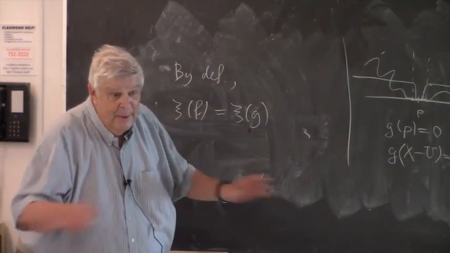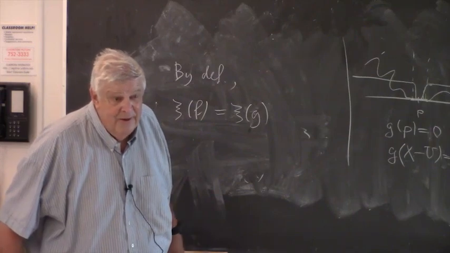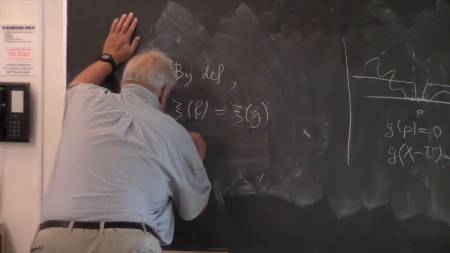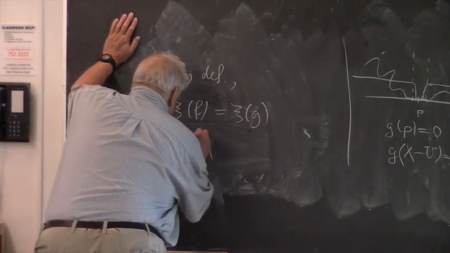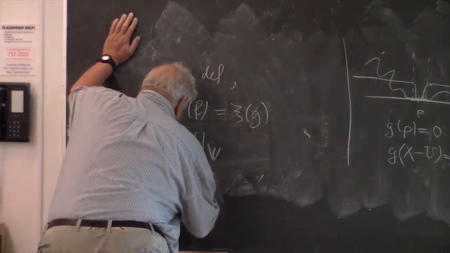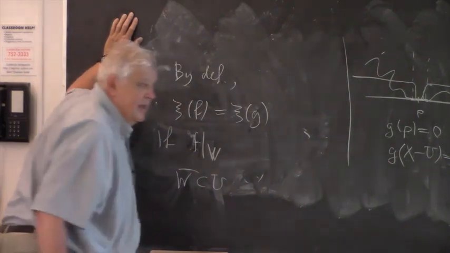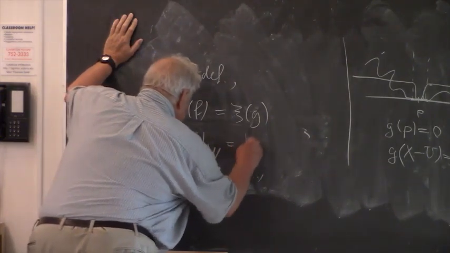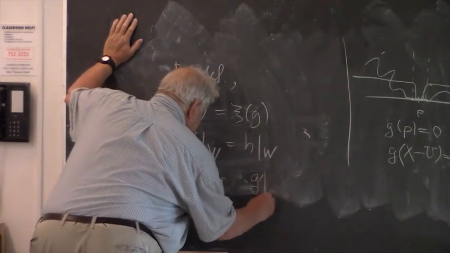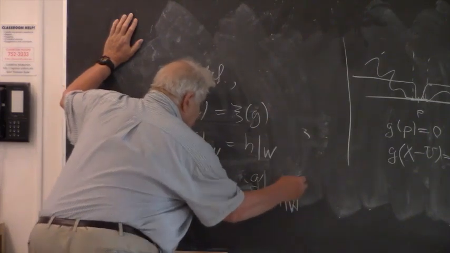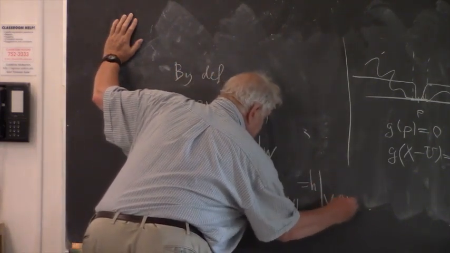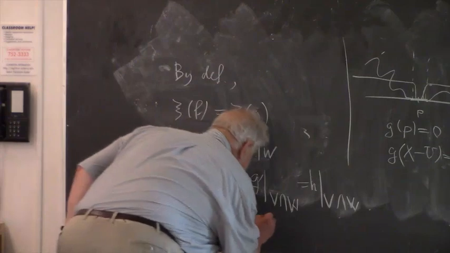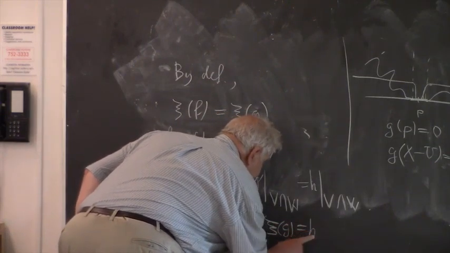Certainly there are different ways to extend the function f to X. But for every two extensions, so if f on W, where W is also a smaller neighborhood of p, is equal to h on W, then g and h agree on some neighborhood of p, and for this reason, as we have just proved, Xi of g is equal to Xi of h.